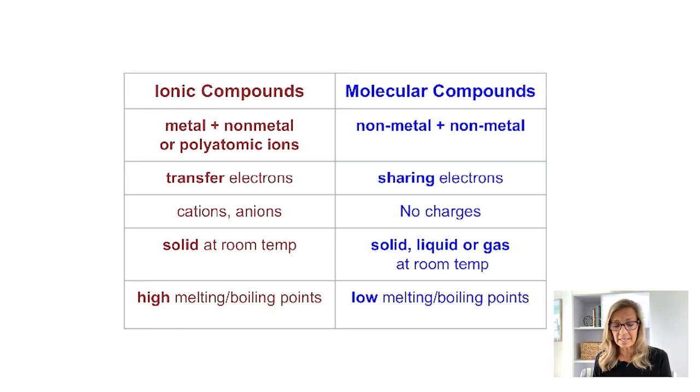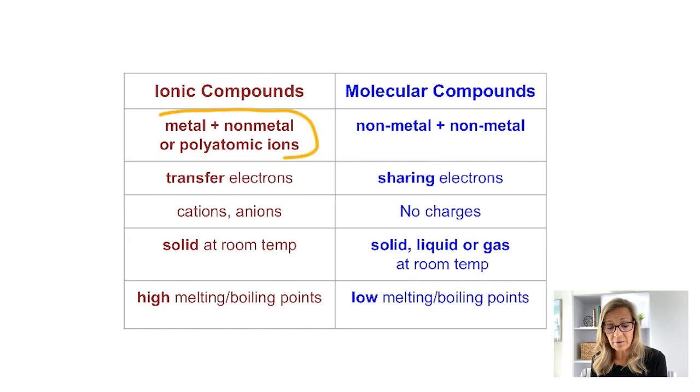Now, this is a little table that is trying to distinguish between ionic compounds and molecular compounds. And in chemistry, one of the first things you have to think about is, is this ionic or is it molecular? And so this is the contrast. How do you know? And this is probably a good little table to memorize.